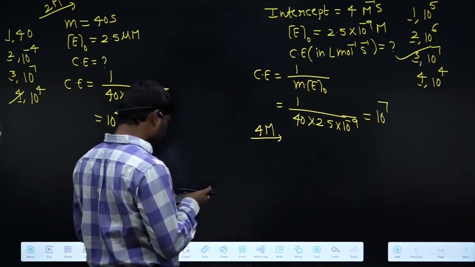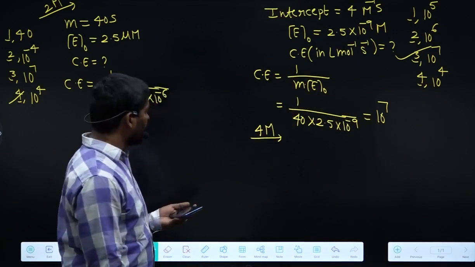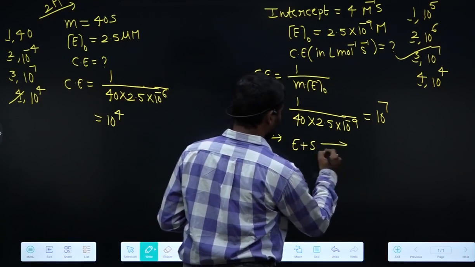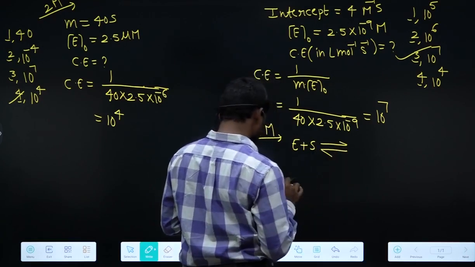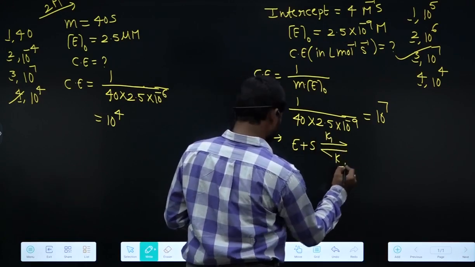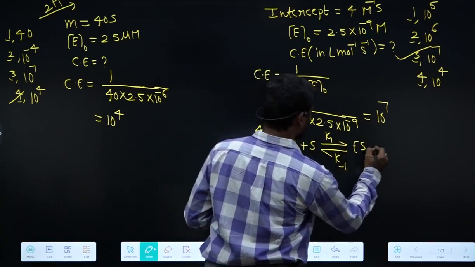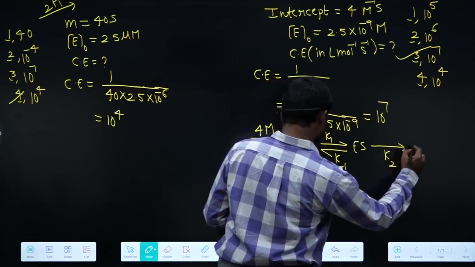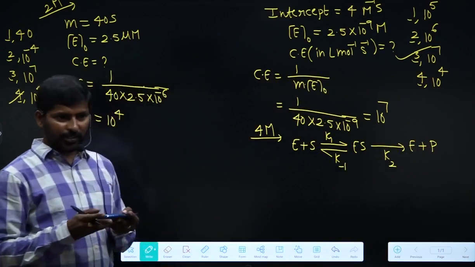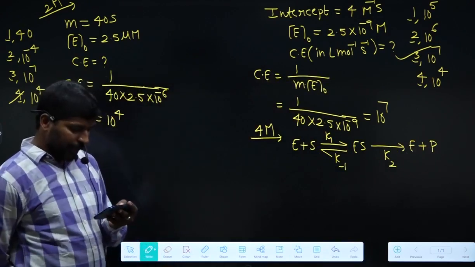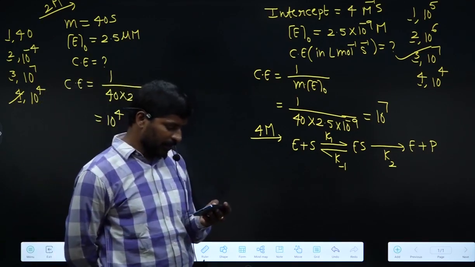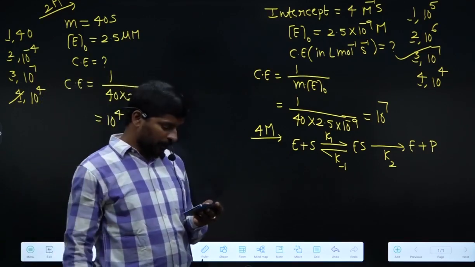In an enzyme catalyzed reaction, write this mechanism. So Michaelis-Menten mechanism is given. In an enzyme catalyzed reaction, E plus S goes to ES, K1 forward rate constant, K minus 1 backward rate constant, K2 for product formation.